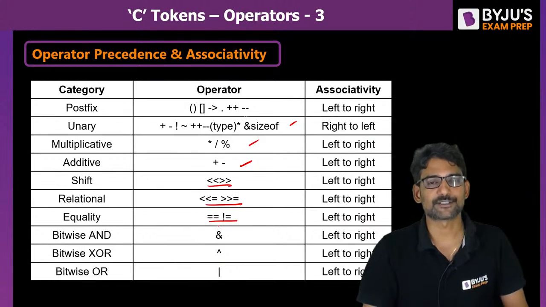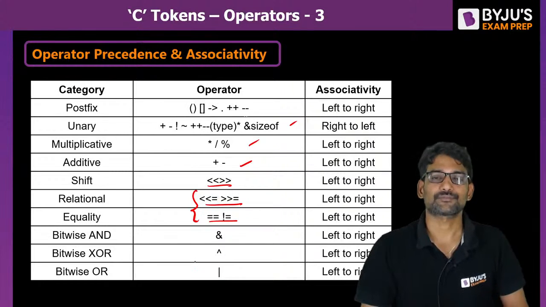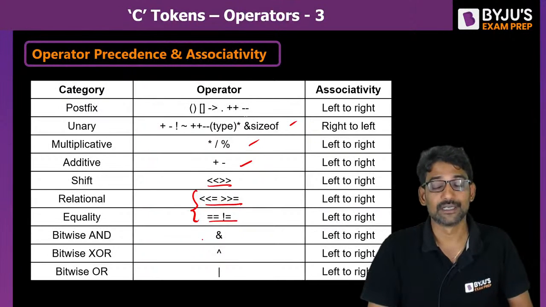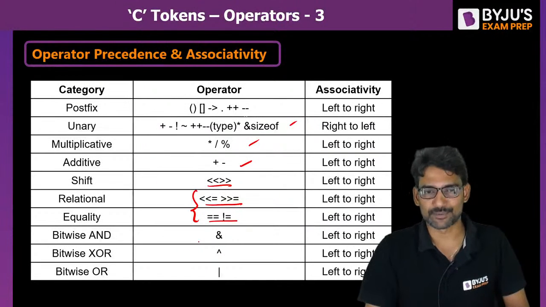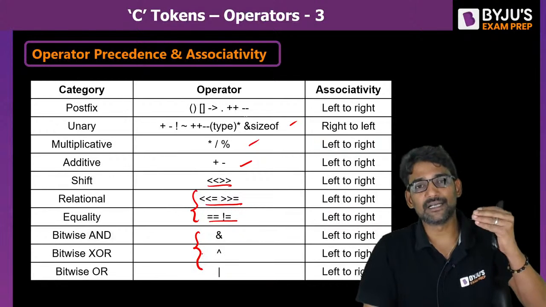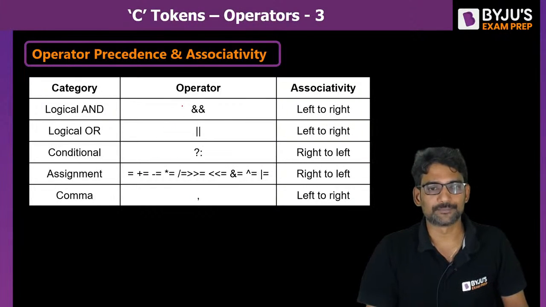In the relational, less than, less than or equal to, greater than, greater than or equal to have more priority, then equal to and not equal to. Then bitwise AND, XOR, OR, then logical AND, logical OR.